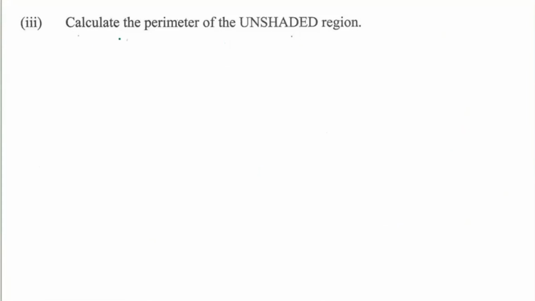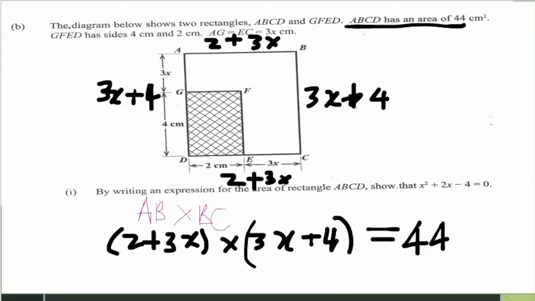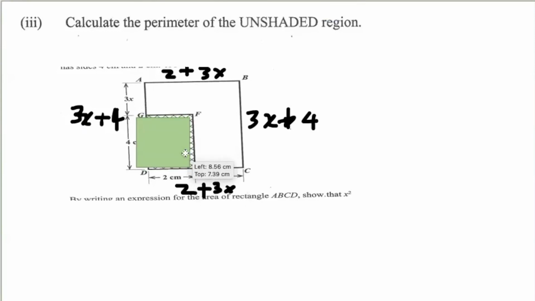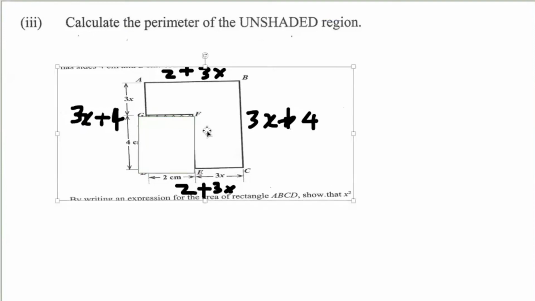Now, calculating the perimeter of the unshaded region. So let's look at the figure. We're looking at the perimeter of the unshaded region. This is the unshaded region. So what I will be doing is just use the figure to remove the part that I don't want, which is this. I'm just removing this part so that we can see what's happening.